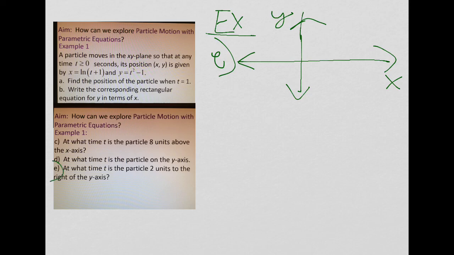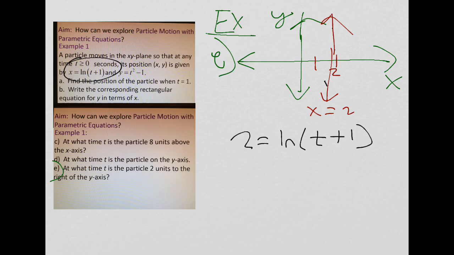All right, E. So 2 units to the right of the y-axis. 2 units to the right. That's when x is 2. Doesn't matter what point would be plotted, x would always be 2. So we're going to replace x with 2 and solve for t.